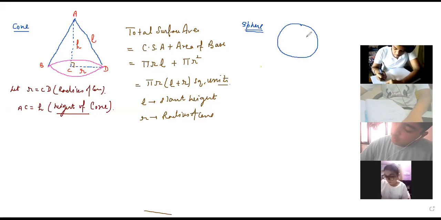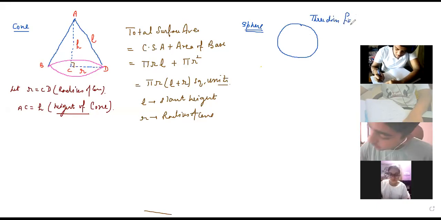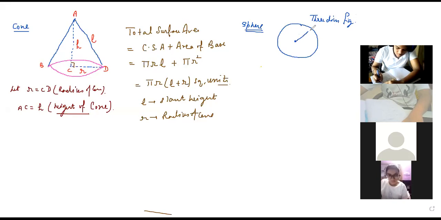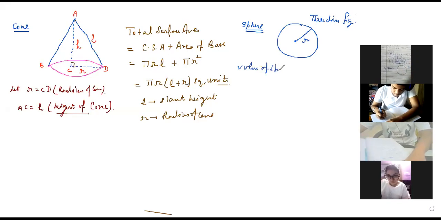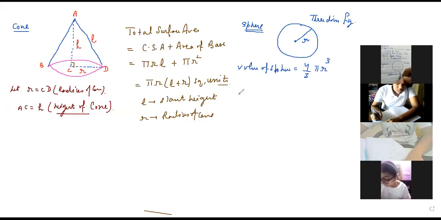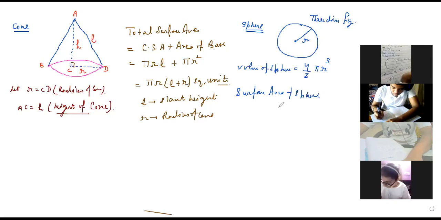So like a circle, we have a radius of sphere. Volume of sphere is 4 by 3 pi r cube, where r is the radius. Surface area of sphere is 4 pi r square.